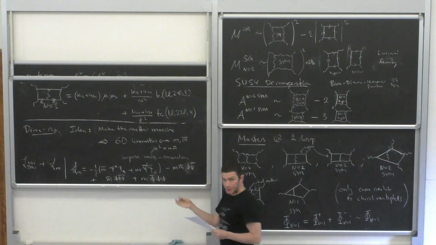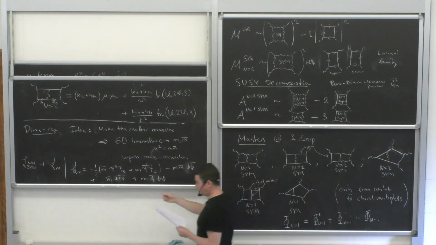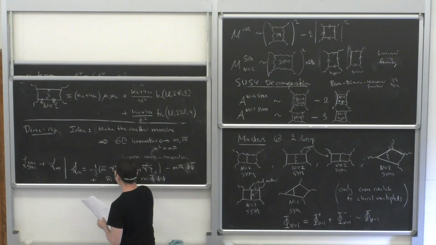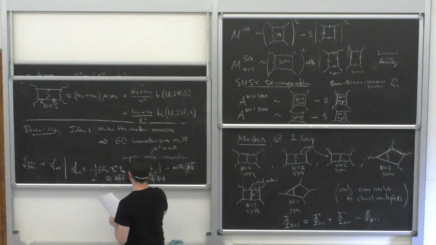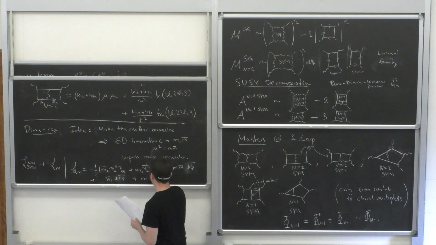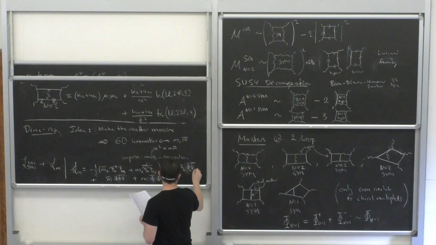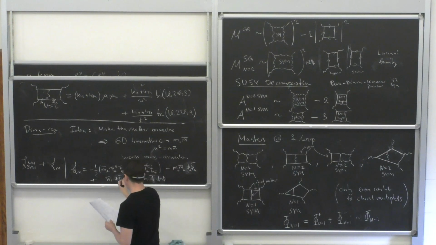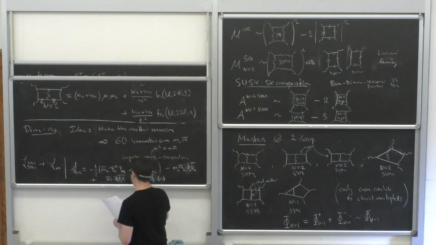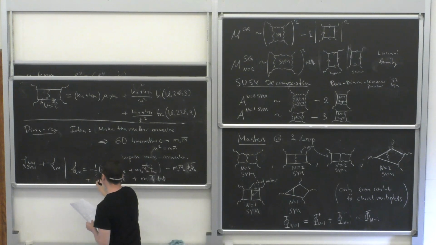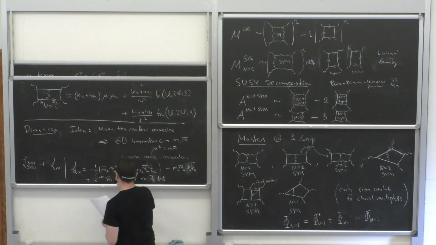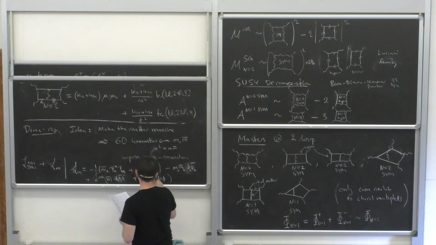Now we want to have multiple matter multiplets, so let me also put a flavor index. Let's call it A. That also goes on the mass, because the mass can be different for the different flavors. I'm gonna now make them interact, and I'm gonna choose the Levi-Civita epsilon ABC.